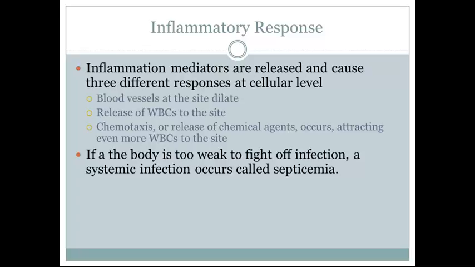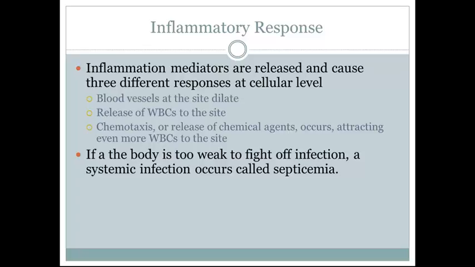Chemotaxis is the release of chemical agents attracting even more white blood cells to the site. A lot of times when there is a foreign invader, histamine is a common chemical released in our body to get more help to that site.